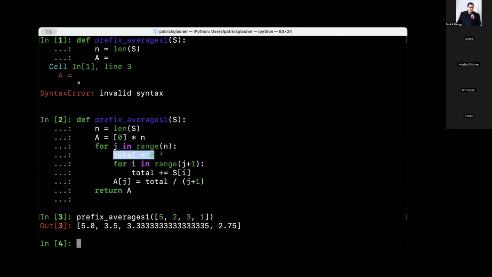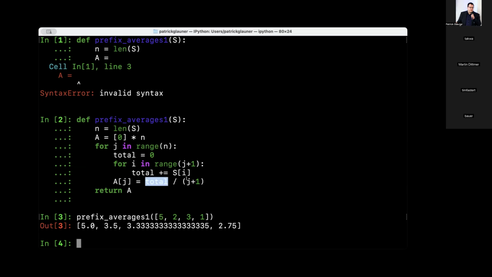So this line, total equals 0, and the last line in the loop, a j equals the total divided by something, all of this is run n times. This one here is run n times because the loop runs n times. This is just a constant operation. And here I have a few constant operations.